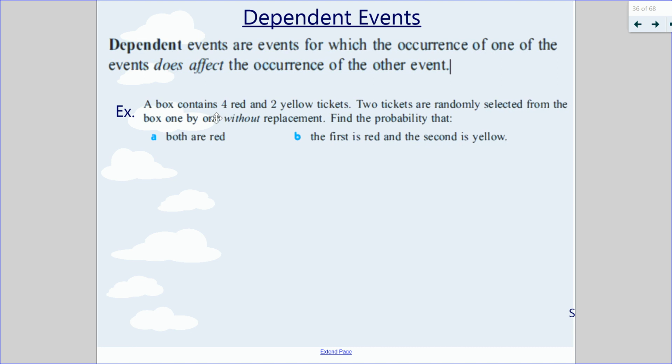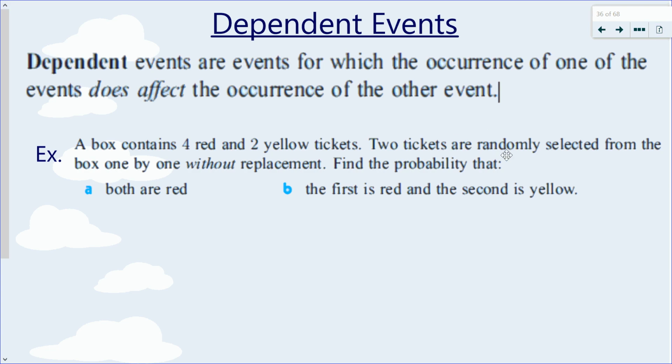So a box contains 2 red and 2 yellow tickets. 2 tickets are randomly selected from the box one by one without replacement. That's why it's dependent. If you take one ticket out and you don't replace it, the probability is then affected in the future. Find the probability that both are red.